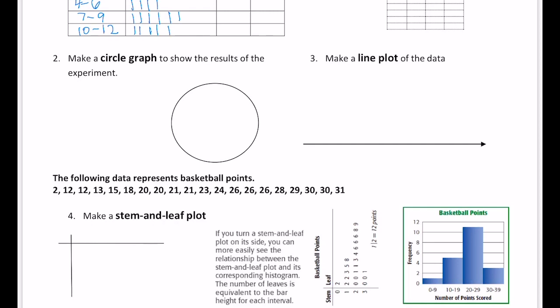So 1, 2, 3, 4, 5, 6. 1, 2, 3, 4. 1, 2, 3, 4, 5, 6. 1, 2, 3, 4, 5. Actually, that's 21. So let's not count one of our 1 to 3s. Let's make that 5 to make our life a little easier.